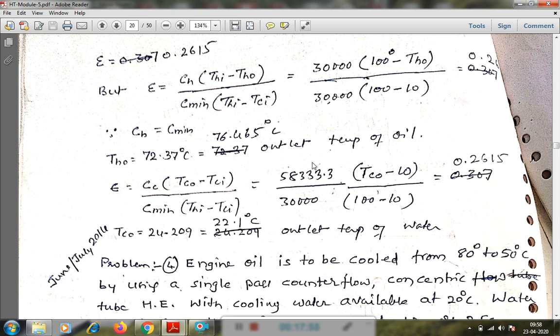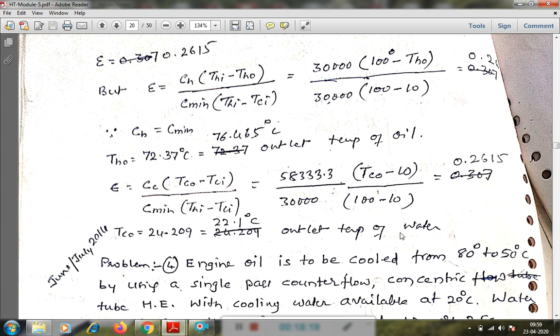If you substitute here, Cc and C min, Tc naught is unknown, Tc naught minus 10, that is Tci, 100 minus 10, Thi minus Tci, and effectiveness is already known as 0.2615. From that, Tc naught we can find as 22.1 degrees Celsius, the outlet temperature of the water.